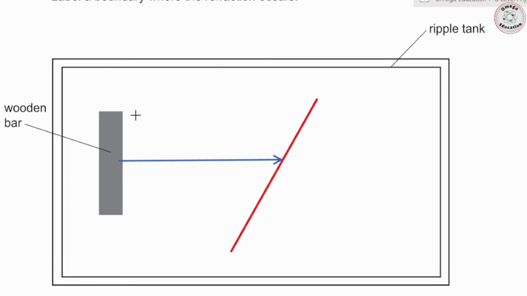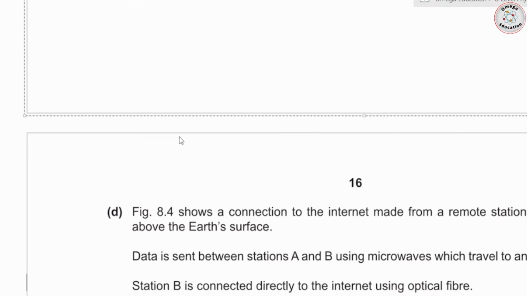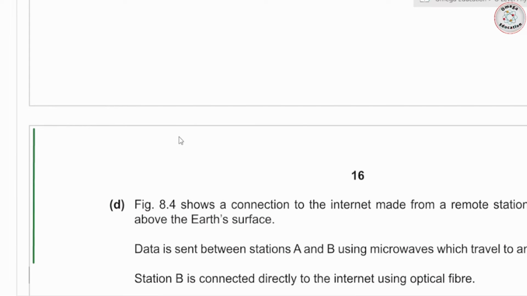All right, then you can represent the water waves with the help of wavefronts. So I'm going to draw the wavefronts here, and from the wavefronts we'll also be extracting the information about the wavelength. So make sure you are careful with the spacing. This one is the reference.